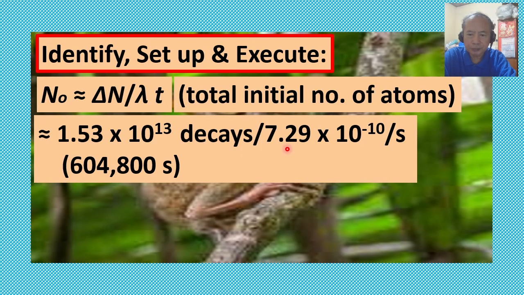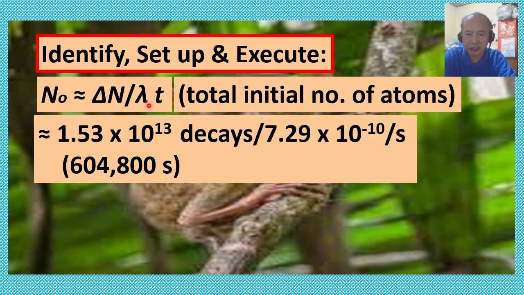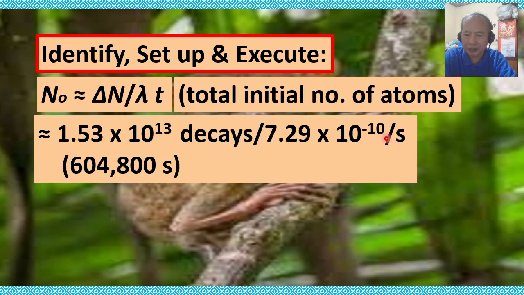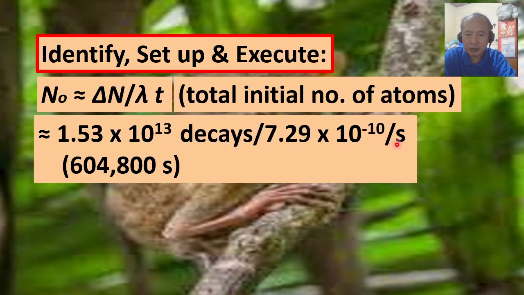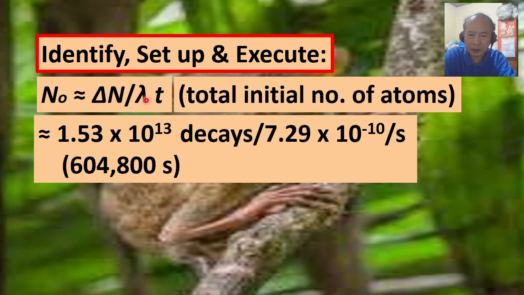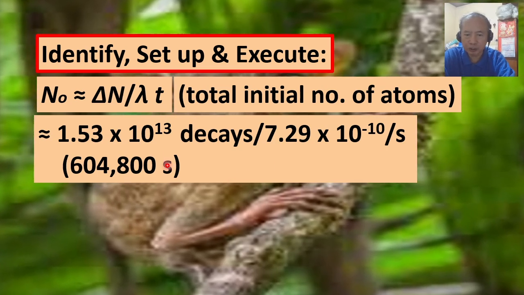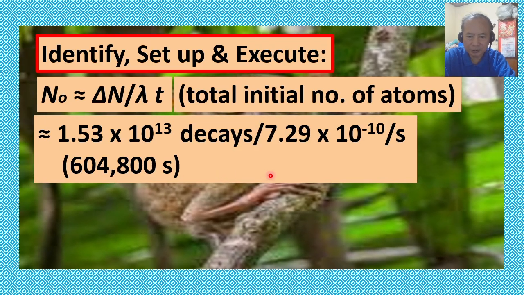Decays here also refer to the number of nuclides or atoms of cesium-137 that undergo nuclear decay. And then divided by the product of the decay constant lambda, 7.29 times 10 to the negative 10 per second, which is multiplied by the time t, converted already to seconds, 604,800 seconds.